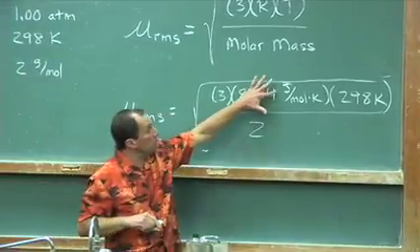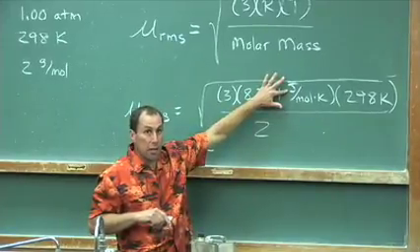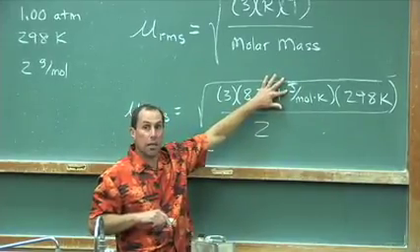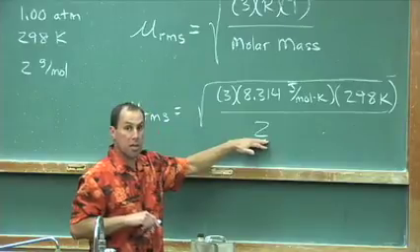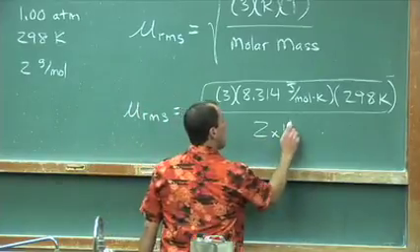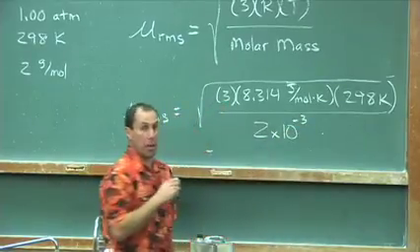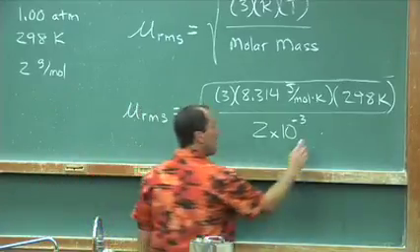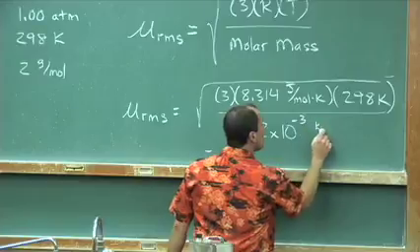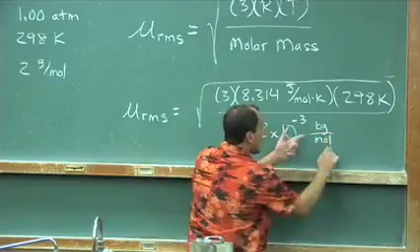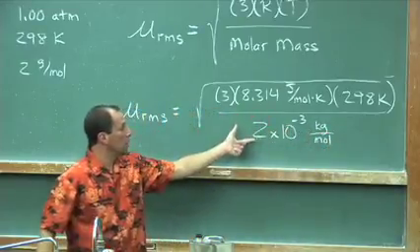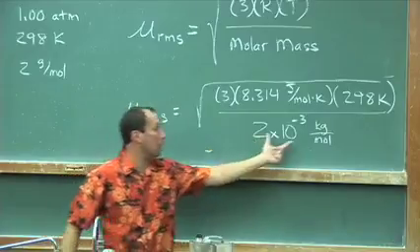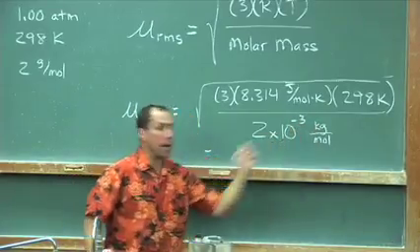Let me tell you, when doing this, the joule does not contain the unit of gram for mass, it's kilograms. So I would like to change this into kilograms. I'm simply going to slap a times 10 to the negative third on there, because a kilogram is 1/1000th of a gram, and we're going to end up with, instead of 2 grams per mole, 2 grams per mole divided by 1,000, which I've done here, and we get kilograms per mole.